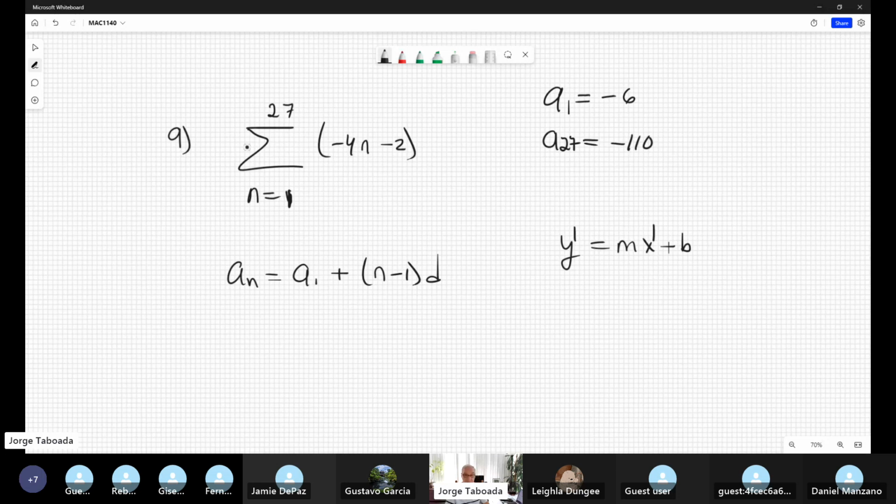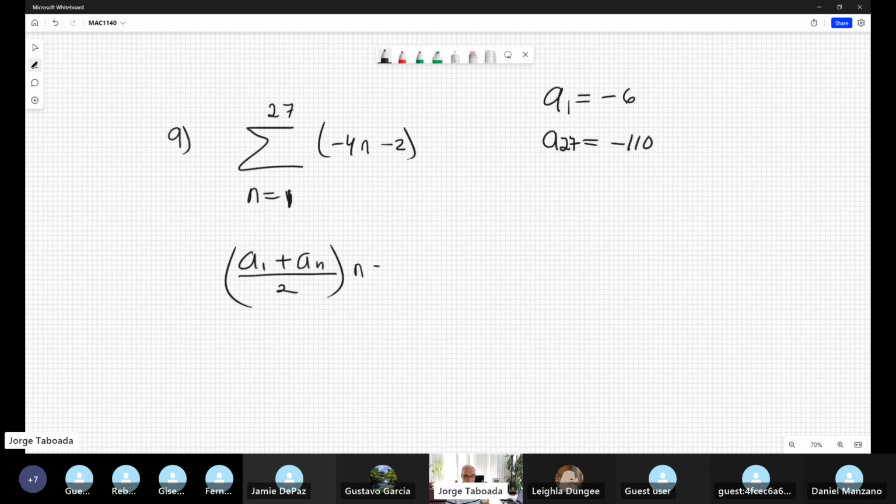This is super easy because you apply the formula for the summation specifically for the arithmetic: a1 plus a sub n, divided by 2, and multiplication by n. In our specific example, a1 is minus 6 plus a sub n is minus 110. So actually, not necessary to copy double signs.